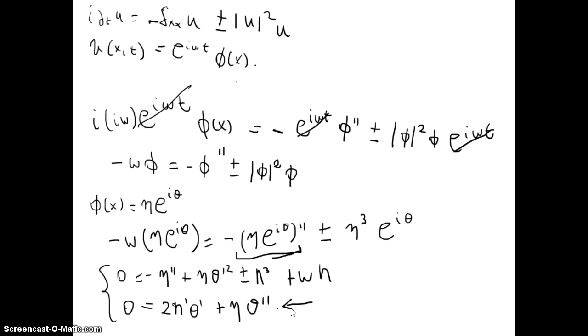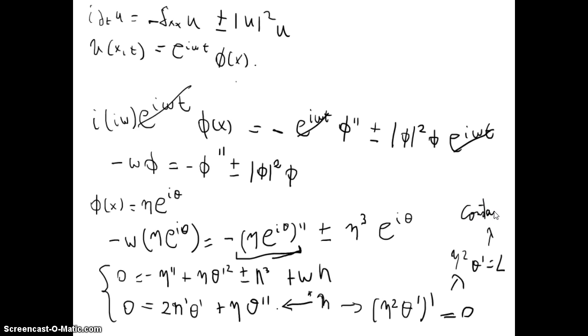If we multiply this expression by η, we obtain η² θ'' equal to 0, meaning that η² θ' is equal to, let's say, L, a constant.